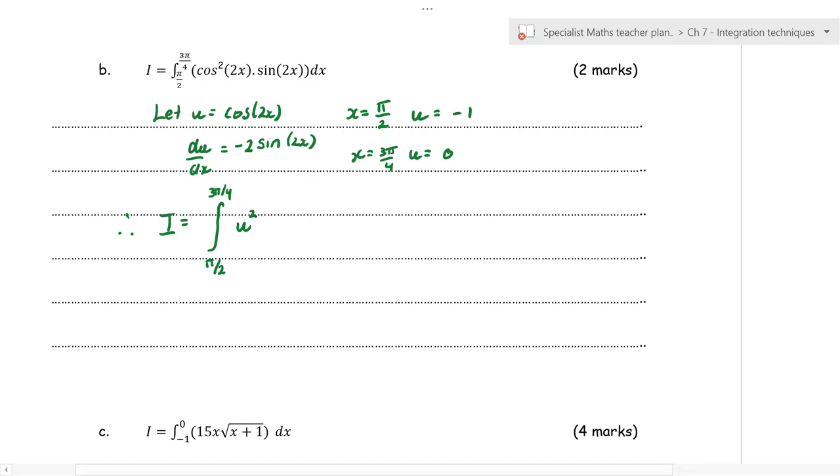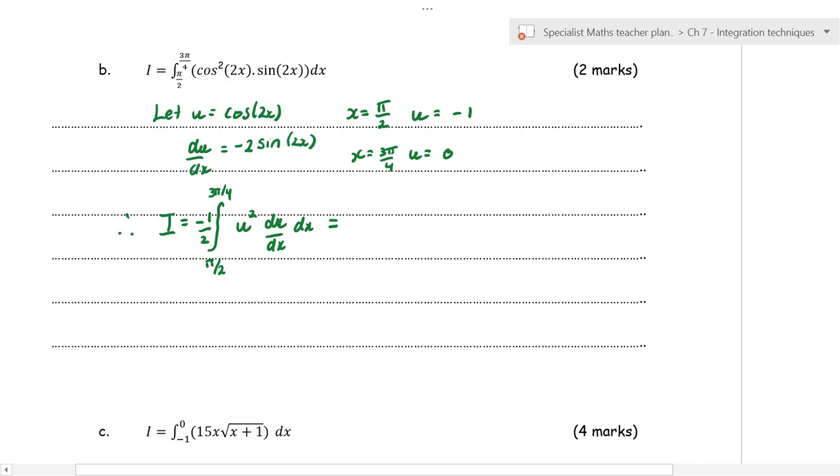Du dx is minus 2 sine 2x. We only have sine 2x. So what's the constant that I should be putting out the front to account for that? -1/2. Good. And do that immediately, please. That's fine.